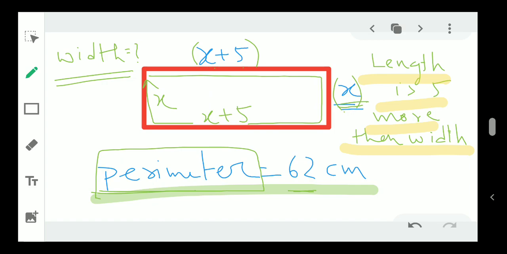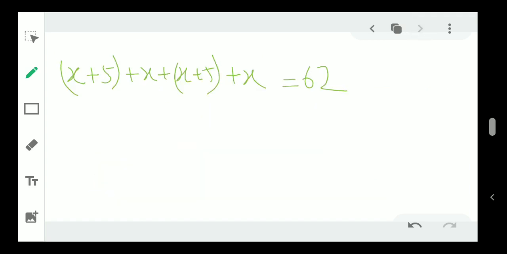Now, how many x's are there? 4 x's are added with each other. So 4 into x, that is 4x.